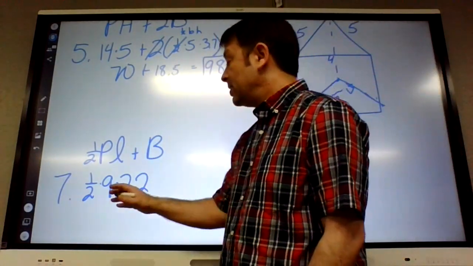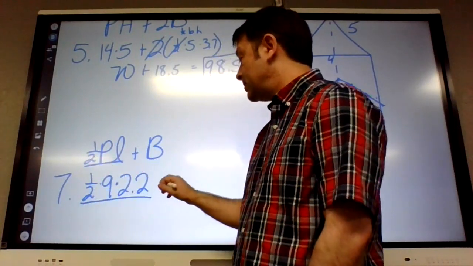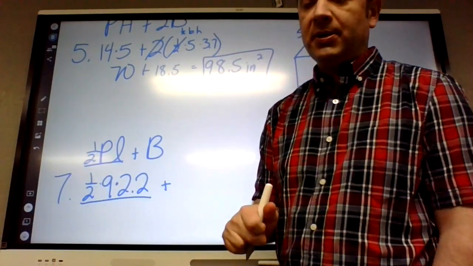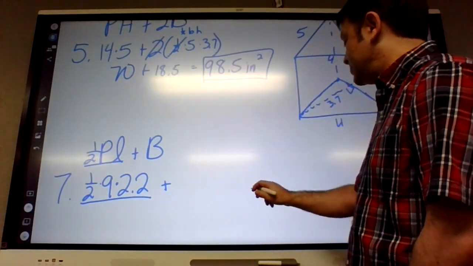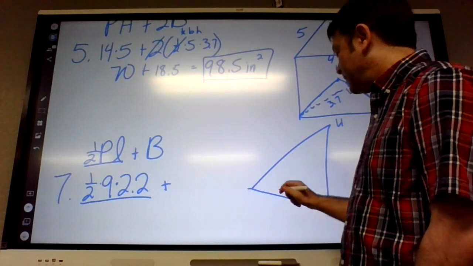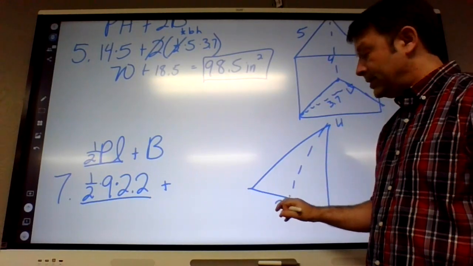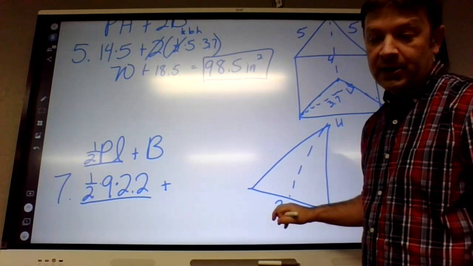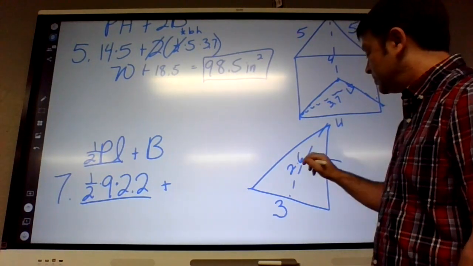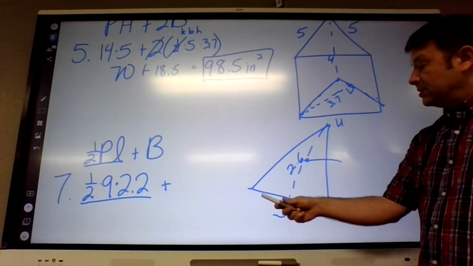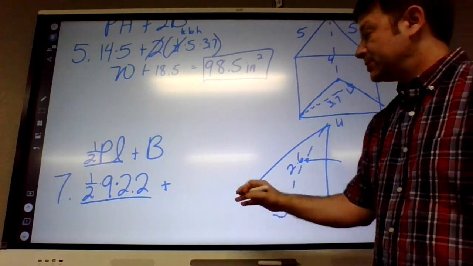Anyways, this would give us the lateral area. Plus, we need the base area. Plus, parentheses, the base is a triangle. If I redrew the triangle, it kind of looks like that on the bottom. They put a 3 right there and an arrow saying this is 2.6. 1/2 base times height, so it's 1/2 times 3 times 2.6.